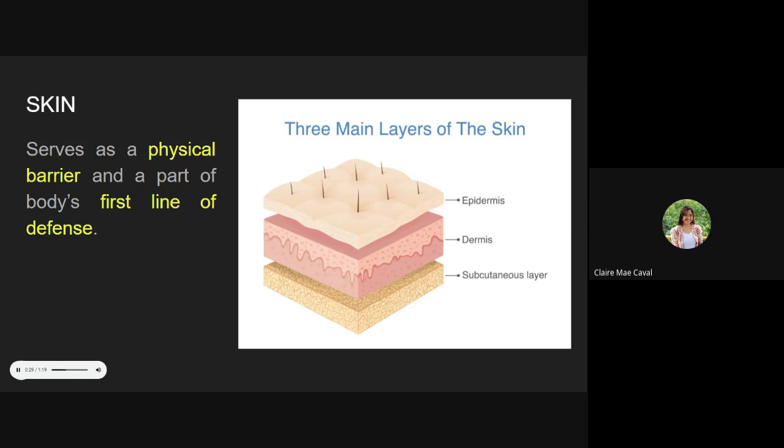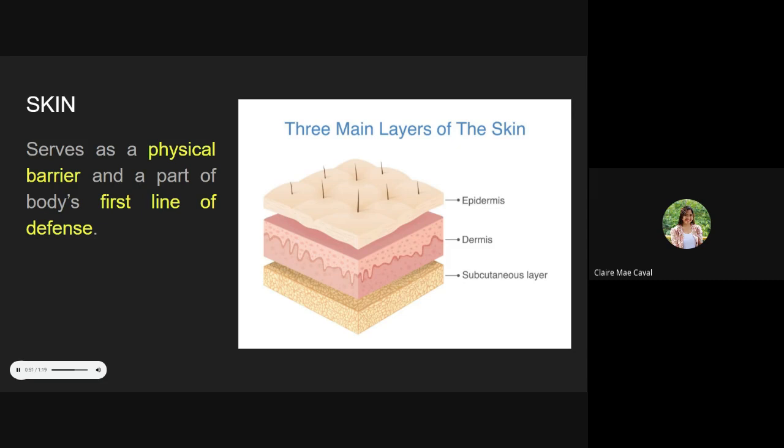I'll not discuss more of its anatomy, just a quick recall of the three main layers of the skin. You have the epidermis. As you can see, the epidermis is the outermost layer. It's composed of epithelial cells. It's the outermost protective shield of the body. Next is the dermis. The dermis is the bulk of the skin. It is composed mostly of fibrous connective tissues.